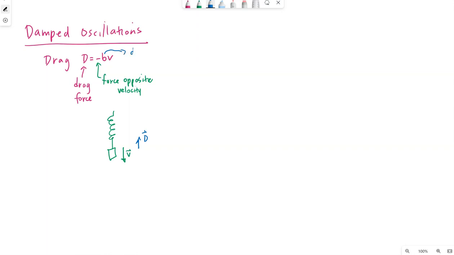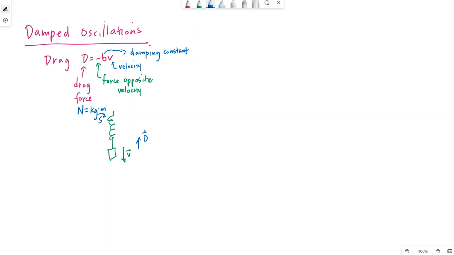B here is called the damping constant. This is unique to the system itself and how the system is being damped. And then v is the velocity. Now, this damping constant needs to have units, because if we think about the force, it has units of newtons, which we know also is a kilogram times meters per second squared.